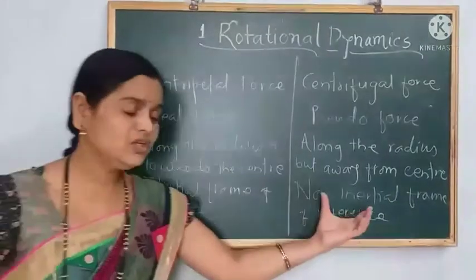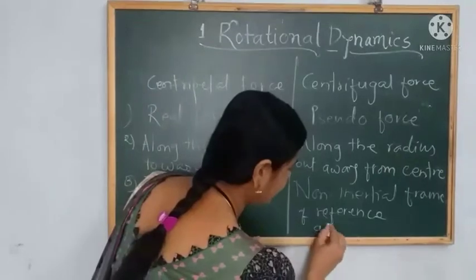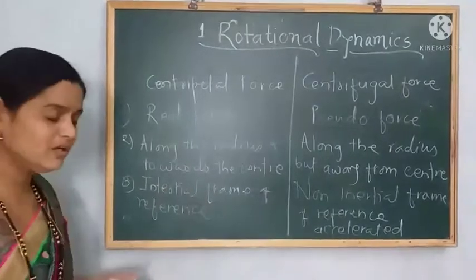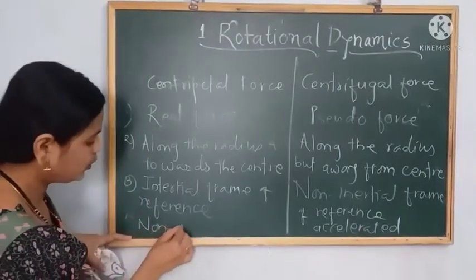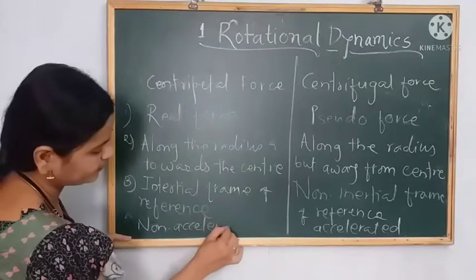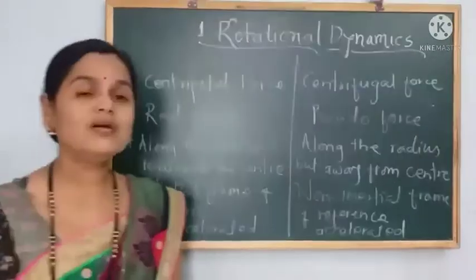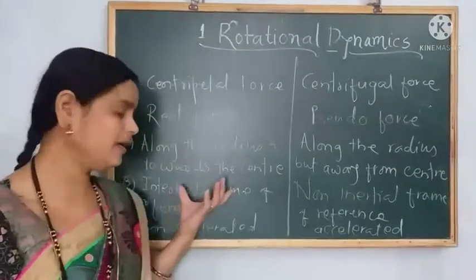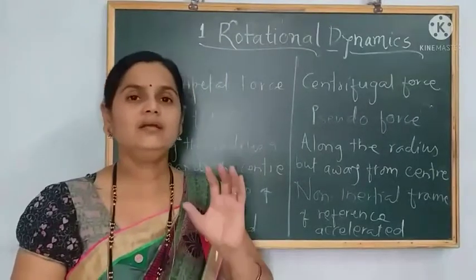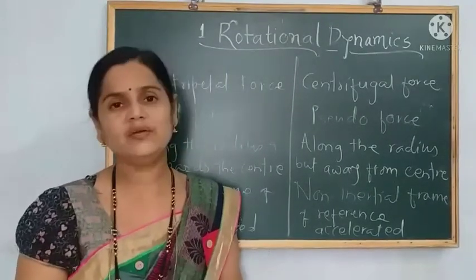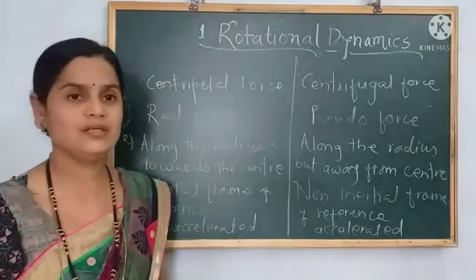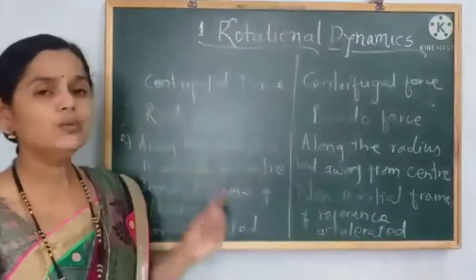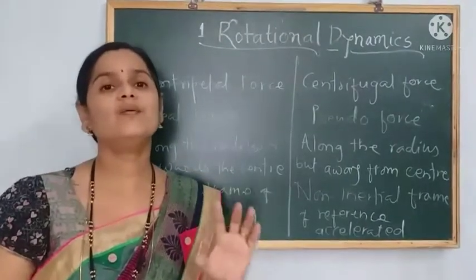When we say non-inertial frame of reference, it is nothing but an accelerated frame of reference, and inertial frame of reference is a non-accelerated frame of reference. We have seen what a frame of reference is. It is a standard reference. An inertial frame is a frame of reference which is at rest or moving with uniform velocity, in which Newton's laws of motion are obeyed.